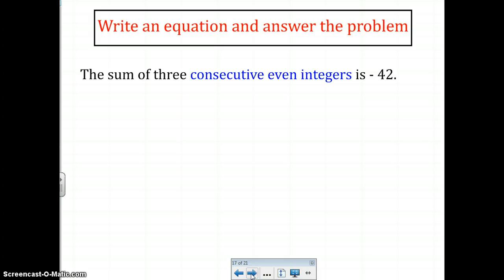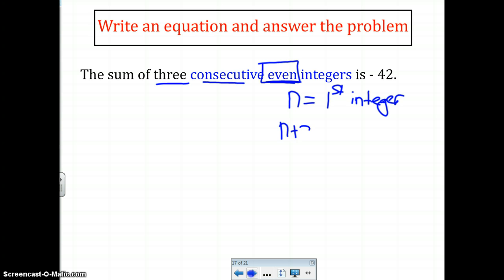So here we're trying to write an equation as well as solve the problem. The sum of 3 consecutive even integers is -42. In this case, because they're even, my first integer is n, and every other integer I'm going to name in relation to that.